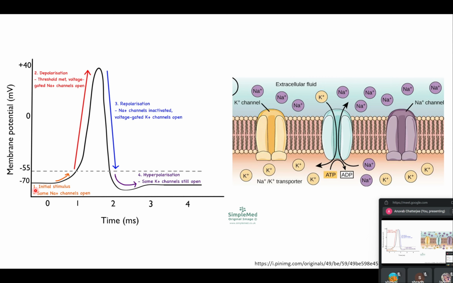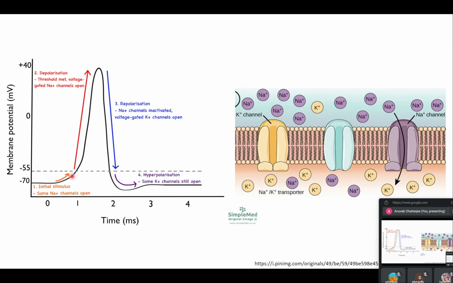This allows for a transient small increase or depolarization of the membrane to about -60 or -55 millivolts. Once this region is reached, which is known as the threshold membrane potential, the action potential now starts to occur.